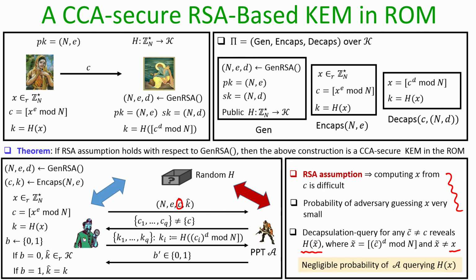Overall, the probability that the adversary queries for H of X is negligible. If the adversary has not queried for H of X, then it does not matter whether we are in the world b equal to 0 or b equal to 1: K hat is a uniformly random element from the viewpoint of the adversary, which proves that this key encapsulation mechanism is CCA secure.